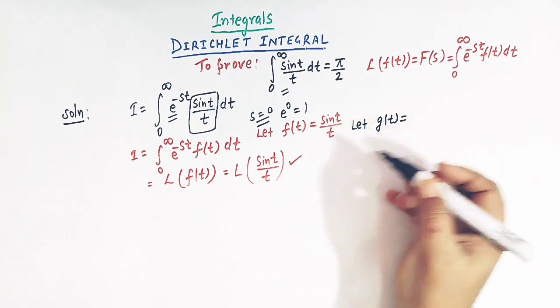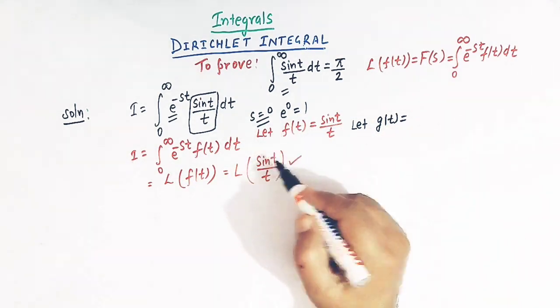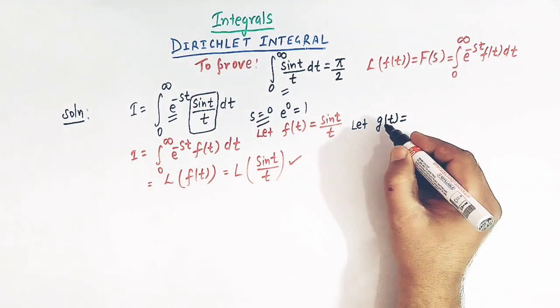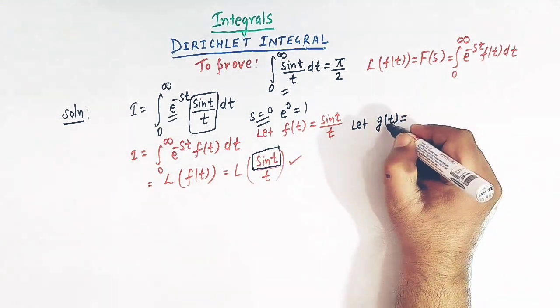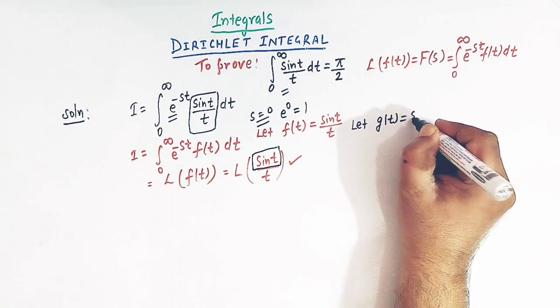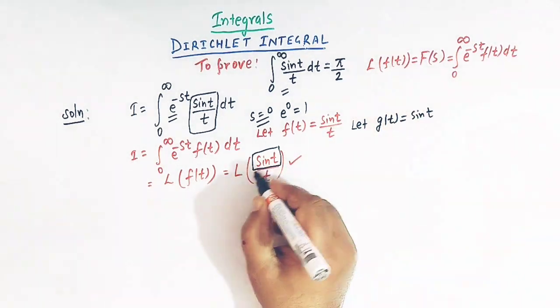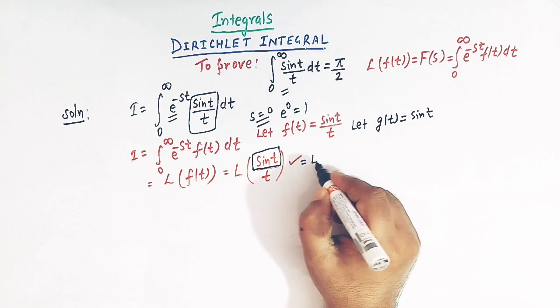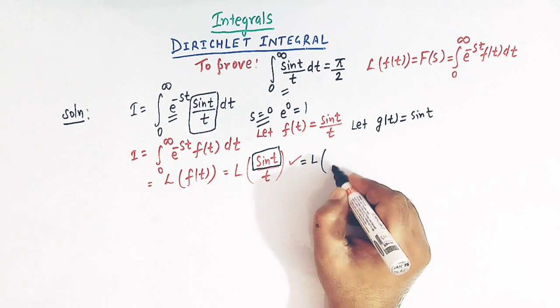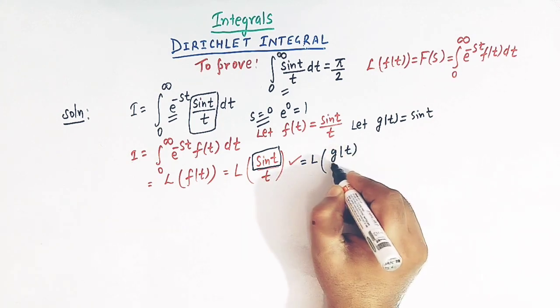So here we are taking this solution in a step-by-step manner. So let us take this function sine t as g of t.